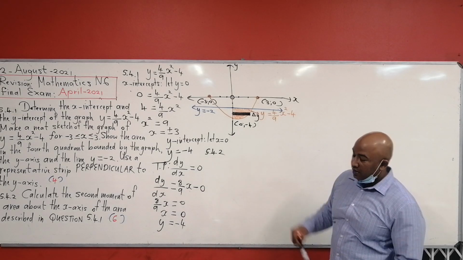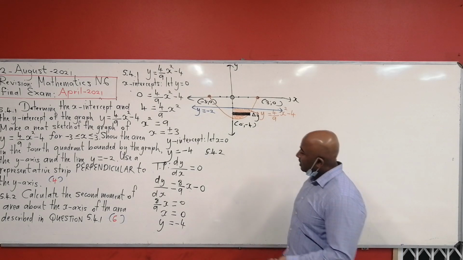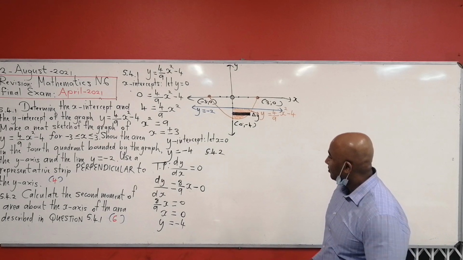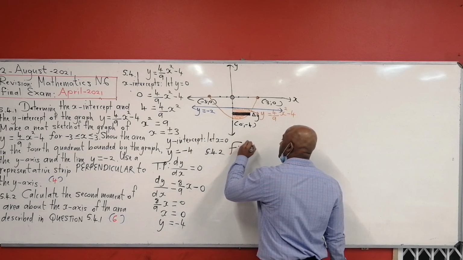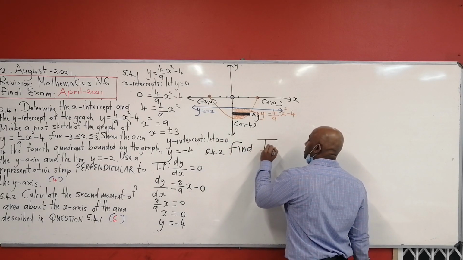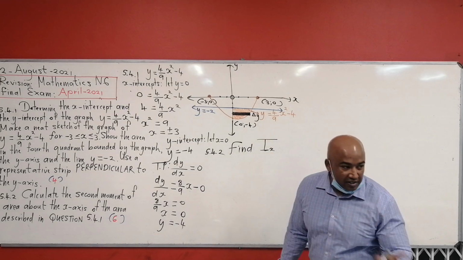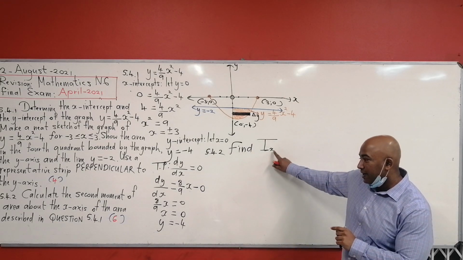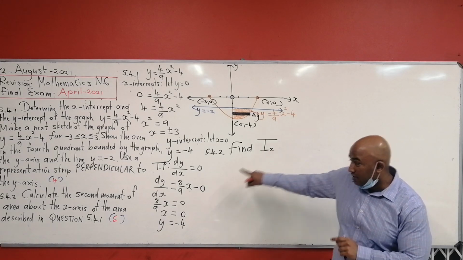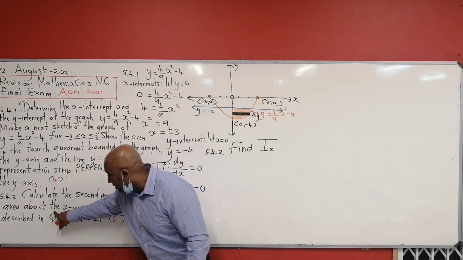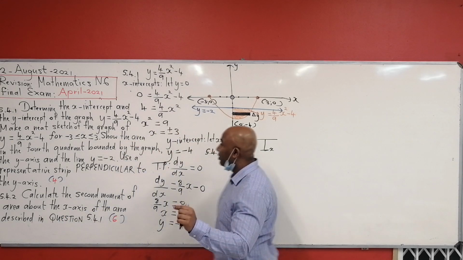We're using a perpendicular representative rectangle. Now, so it's basically find Ix. So the reference axis is the x-axis. You're clear with that? Right. Find Ix, they say. Calculate the second moment of area about the x-axis. So what do we know now?